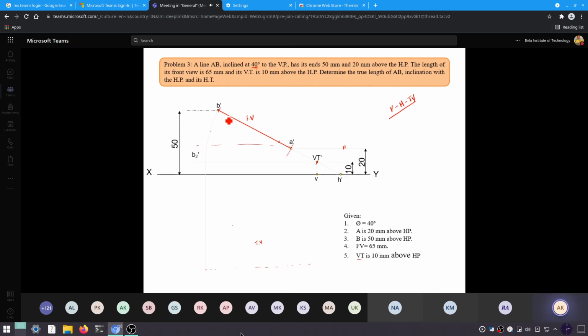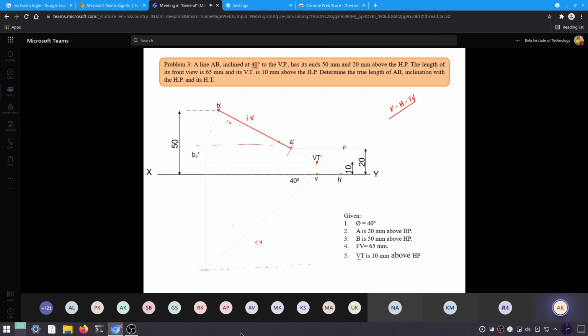So we have dropped, either we rotated from B point to A point or we rotated from vertical trace. So we'll get the same angle over here, or same length over here, to obtain a point B from here.